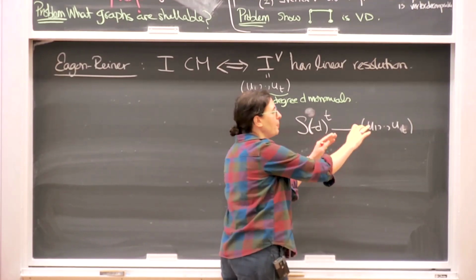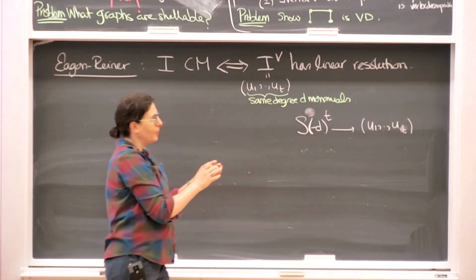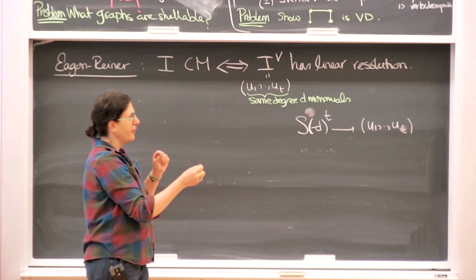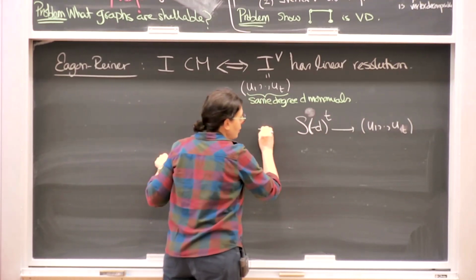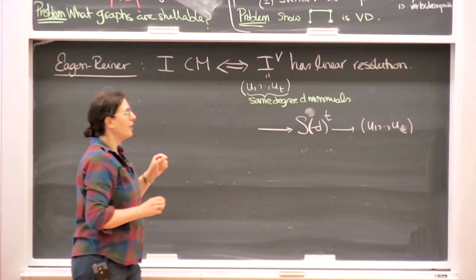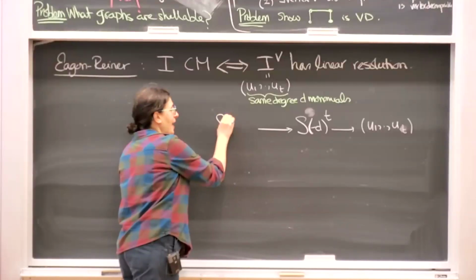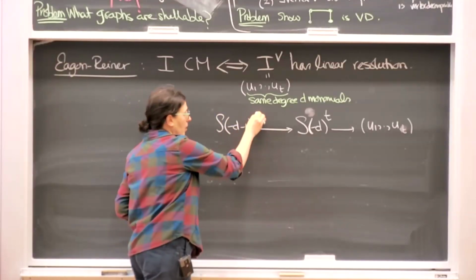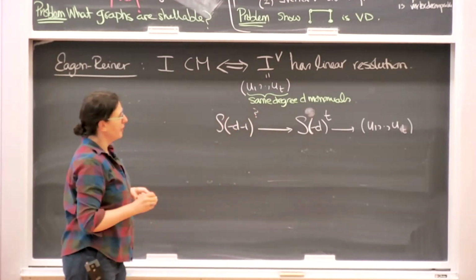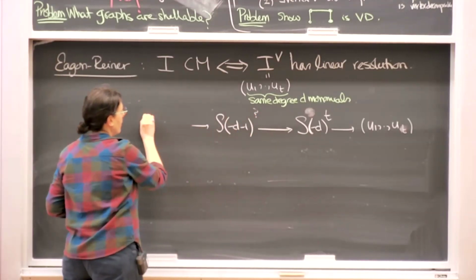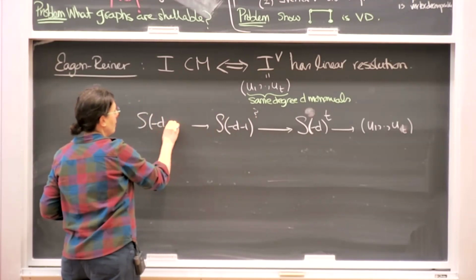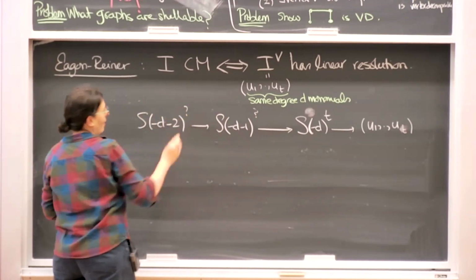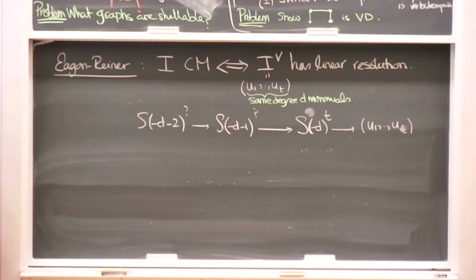You always need to be in the same degree to have linear resolution. You need to be equigenerated. But then after that, you're also guaranteed that you're going to have S minus D minus 1 to whatever the number of minimal generators is, and then S minus D minus 2 to whatever it is. So it means your growth is always linear.